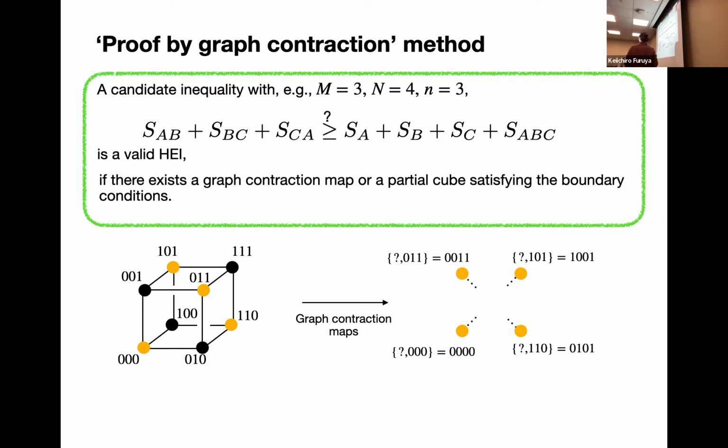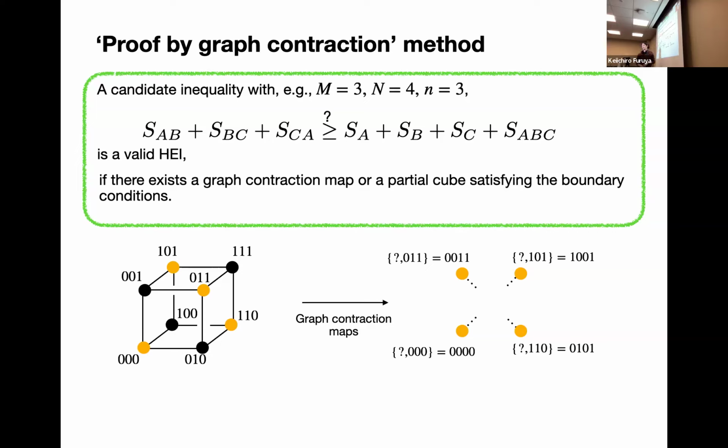If I forget, please ask me. So this is the answer to your question initially: how do you know that the inequality is a holographic entropy inequality? Say someone gives you a candidate inequality that you want to verify.